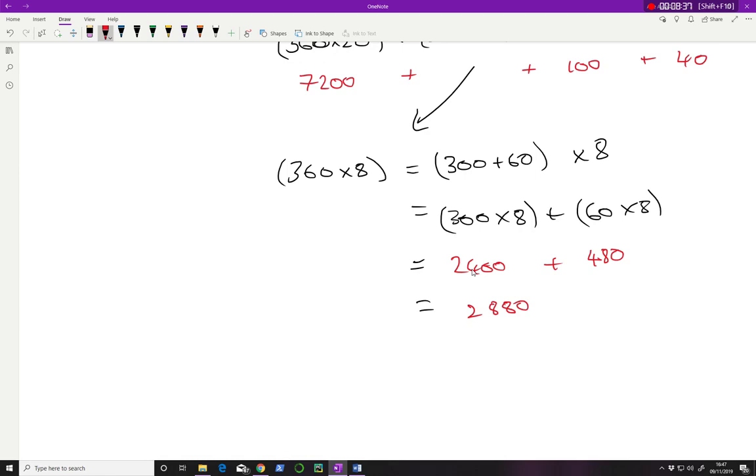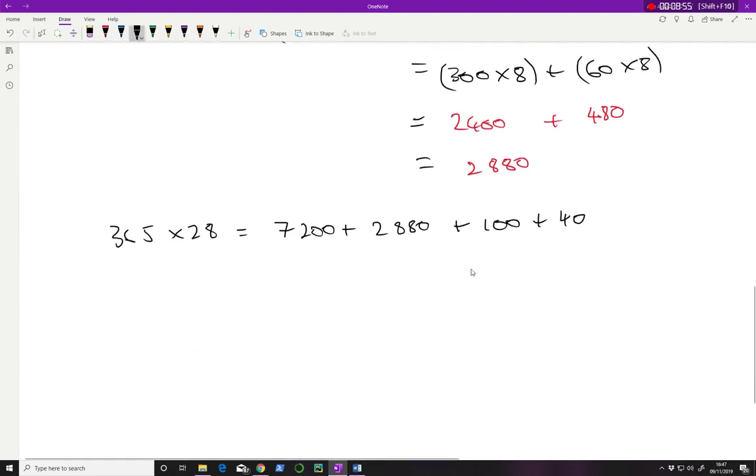So 365 times 28 is equal to 7,200 plus 2,800 plus 100 plus 40. Now we have some big numbers to add up together. Okay.